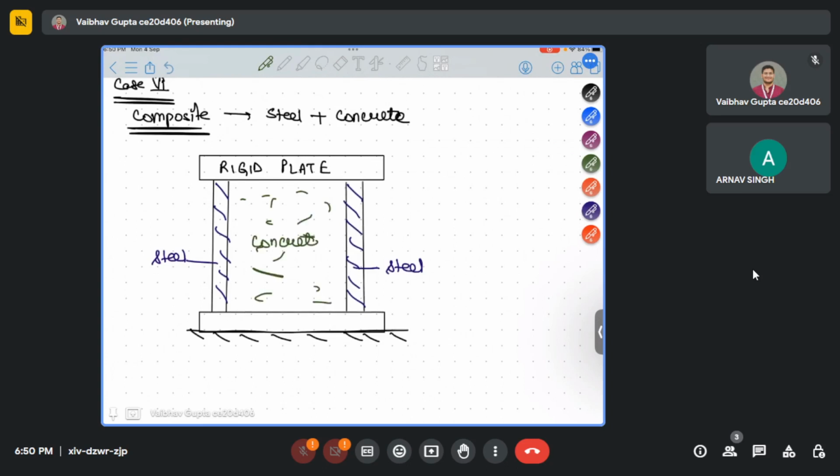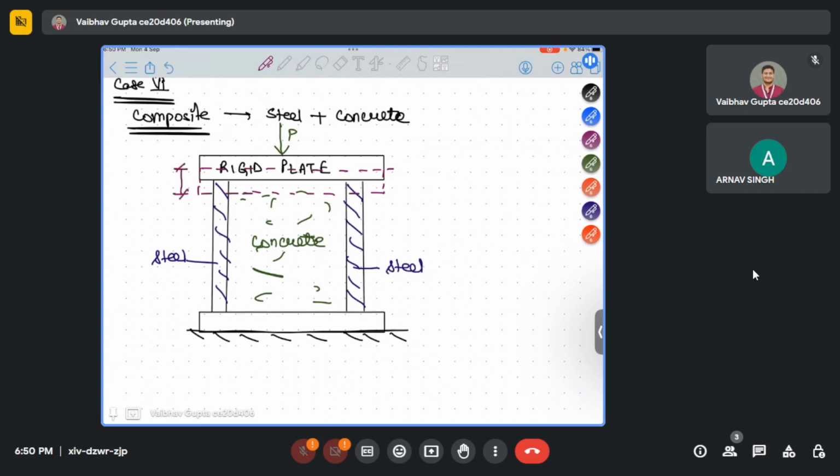Okay. So suppose I apply a force of P here. When a force P is applied, the base is fixed, it won't move. Only the first rigid plate will move, and since we are not taking the effect of Poisson's ratio, all the steel and concrete will move in a downward direction by the same amount.